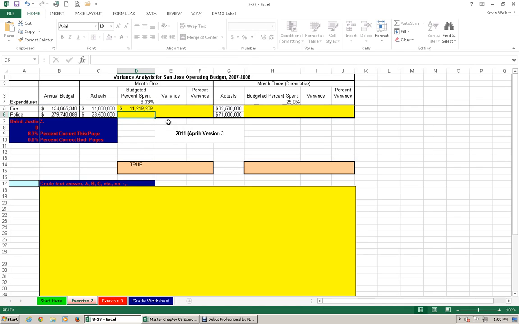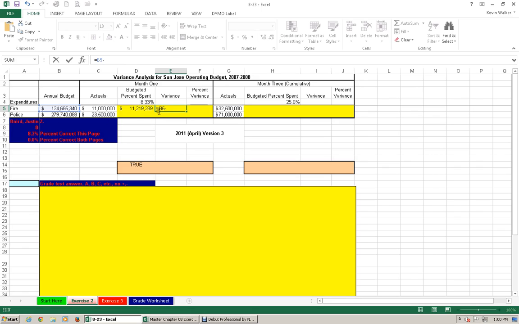So if the budget works out right, you predicted you would have spent $11,219,289. You actually spent $11 million, so you budgeted more than what you actually spent. Now we want to know what that variance is. First you want to know it in real dollars, so that's simply equals B5 minus... I think I told you B5.